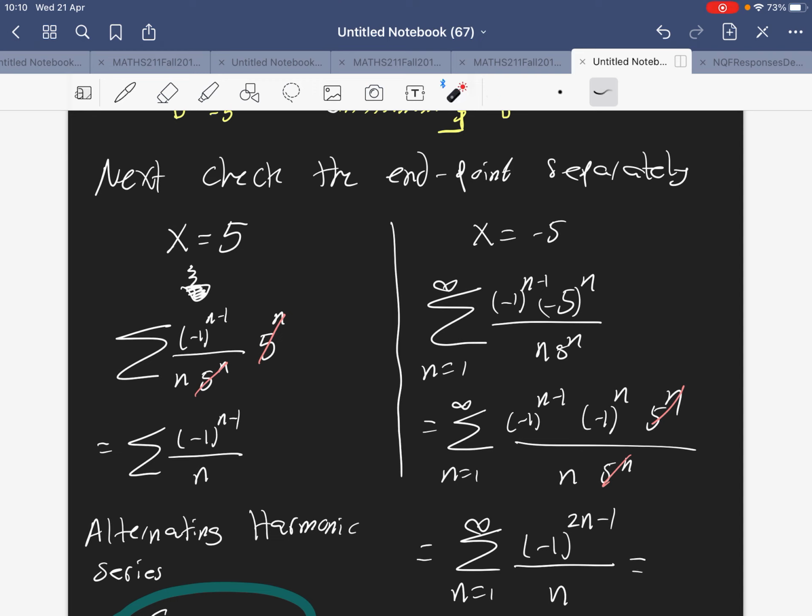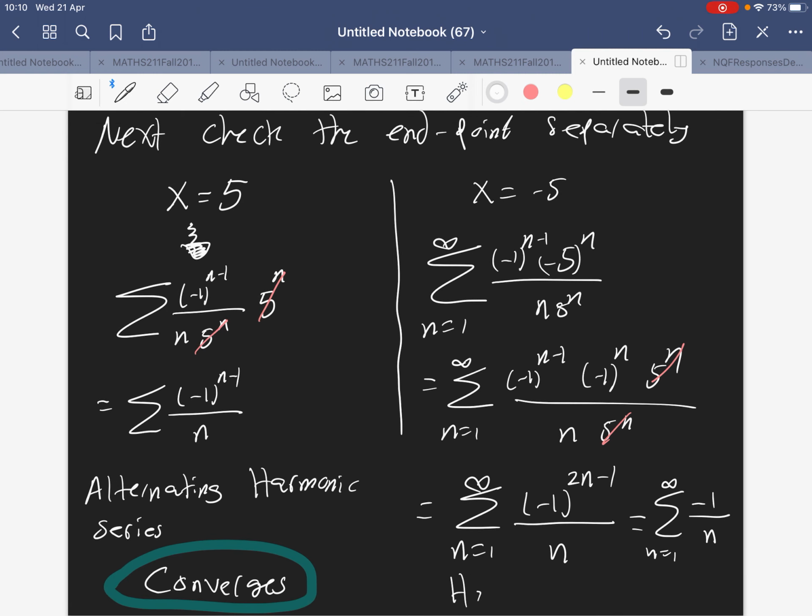Now (-1) squared is 1, so this will give me only a minus 1 over n. And this is the harmonic series. It's not alternating, it's always minus. And it diverges.